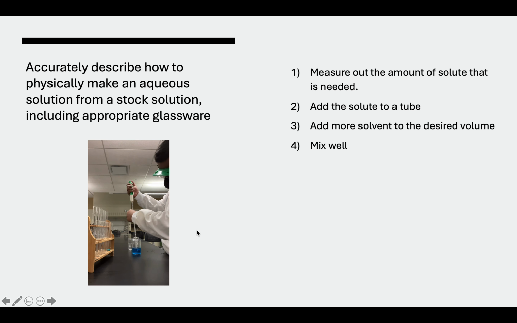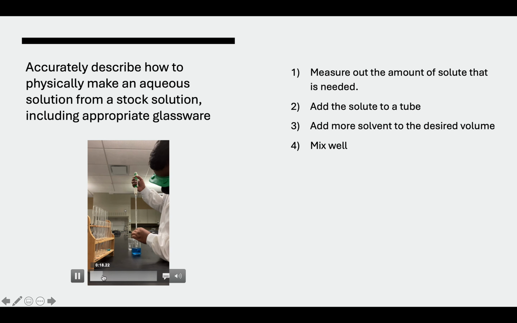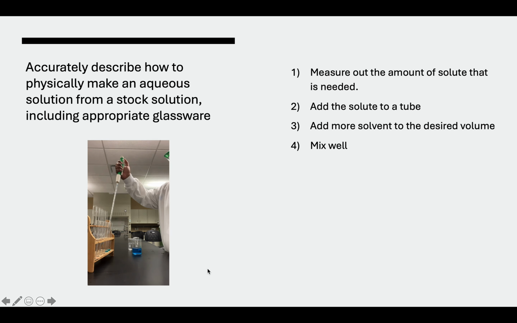In this, I used the graduated pipette to measure out 1 milliliter, and then I put it in this test tube. After that, I rinsed out the pipette, and now I measure out the solvent, which is 4 milliliters.